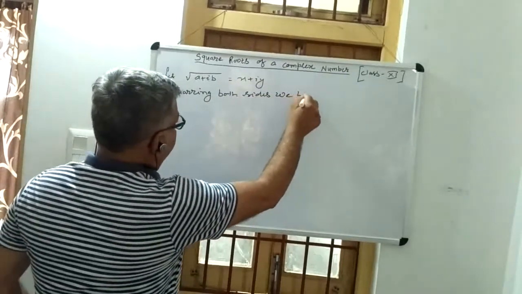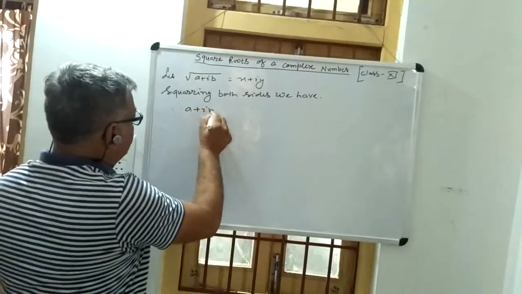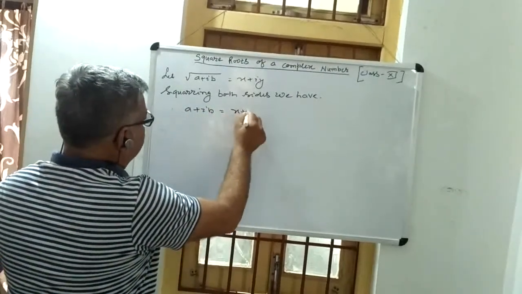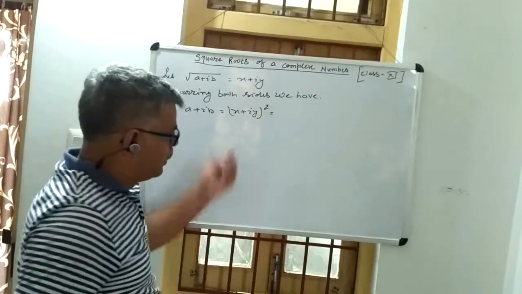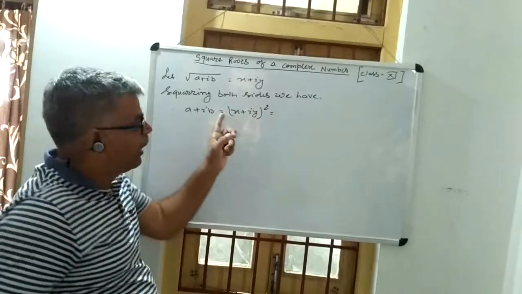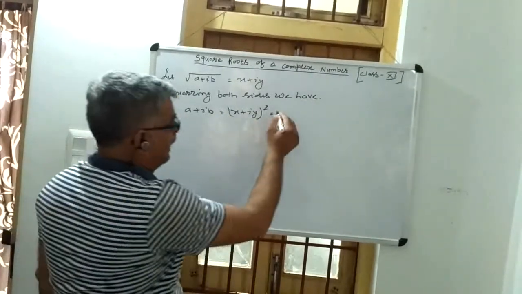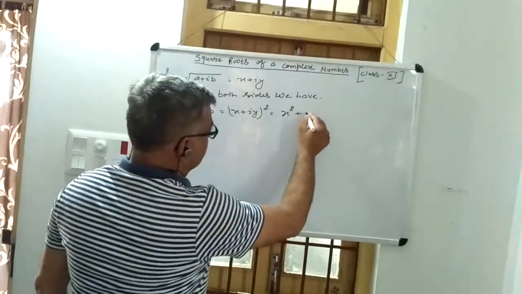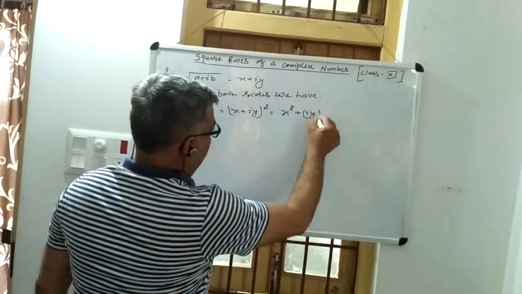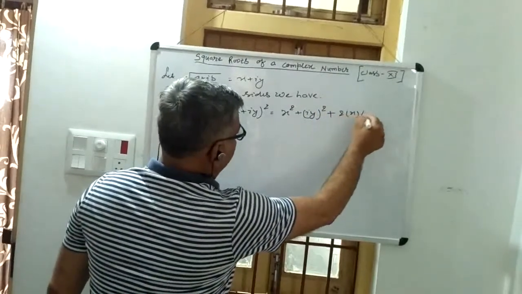we have a + ib equals (x + iy) whole square, which you expand on the formula of (a + b) whole square. Then you will have x square plus (iy) square plus 2 into x into iy.